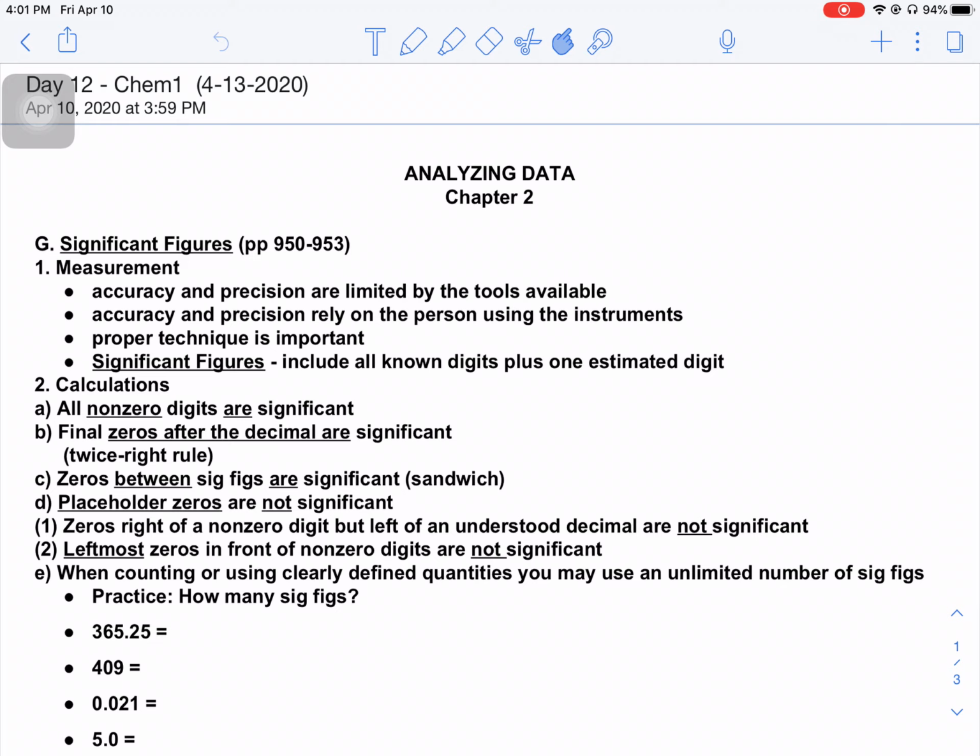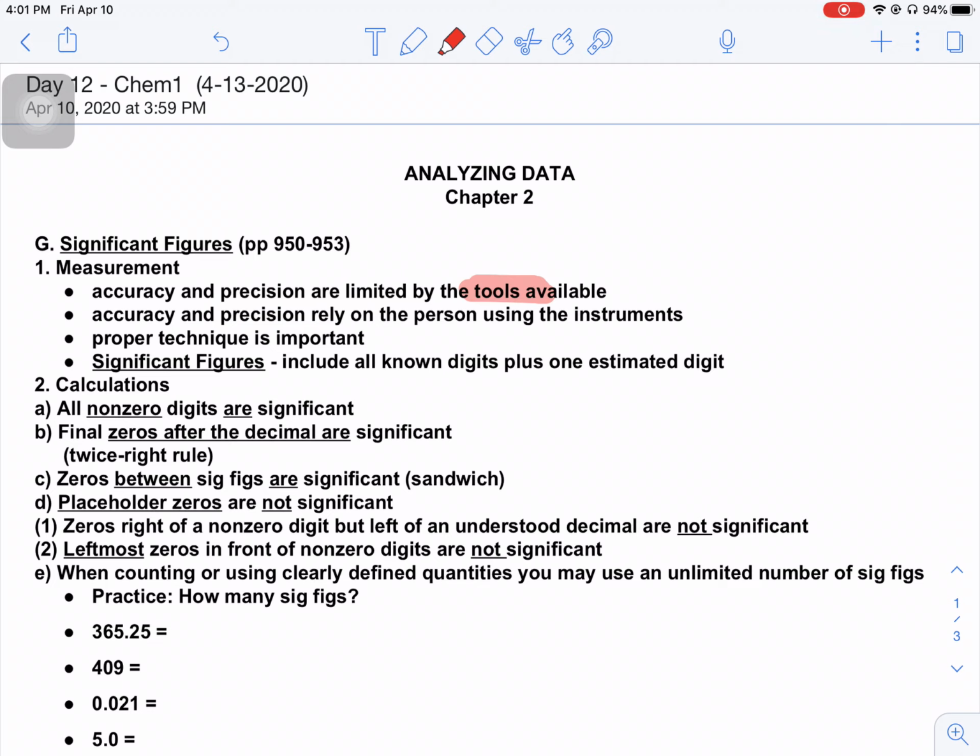But I want you guys to realize that in the real world, significant figures are determined by the tools that you use. Your tool may go to the 10th of a gram, it may go to 100th of a gram, it may go to 1,000th of a gram. Ultimately, it is the instruments that you use to measure things that determine the number of sig figs that you can use.